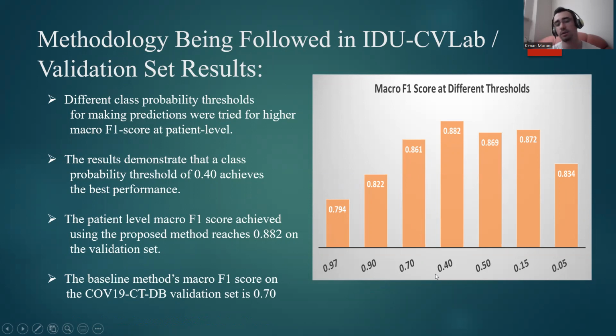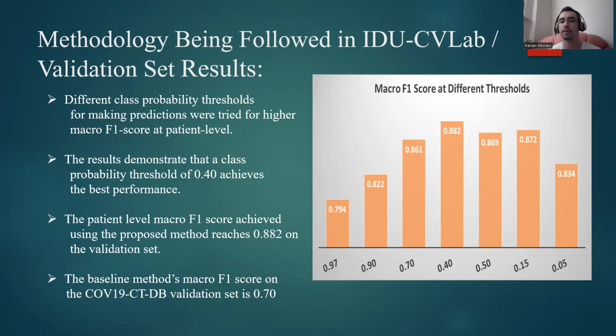And thus, this is the threshold used to decide at the slice level whether the slice is a COVID slice or a non-COVID slice. The baseline method's macro F1 score was 0.70. So this is the baseline, the method introduced by Dr. Dimitris and others.